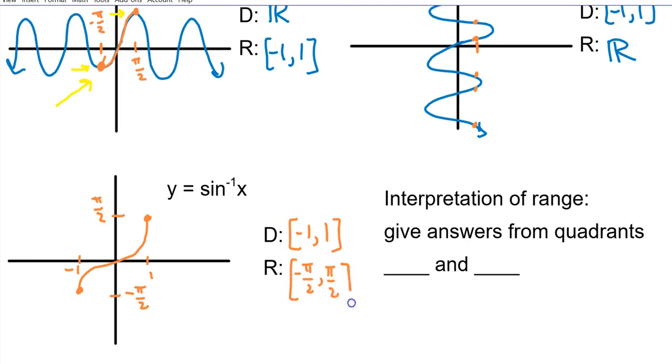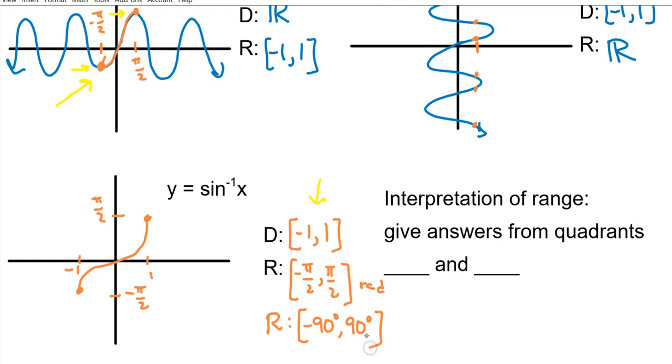That means when you input numbers into the inverse sine function, you have to input numbers that fall between negative 1 and 1, and you output angles that fall between negative pi over 2 and pi over 2. Or, if you're in degrees instead of radians, negative 90 degrees to 90 degrees.